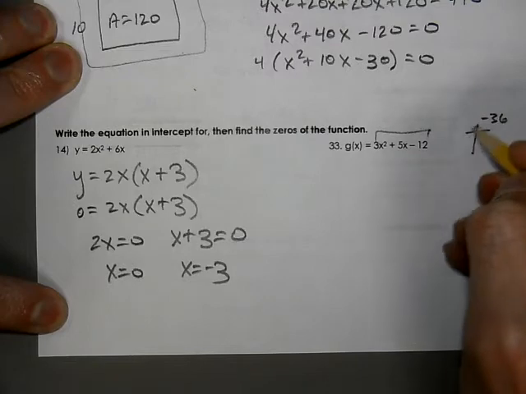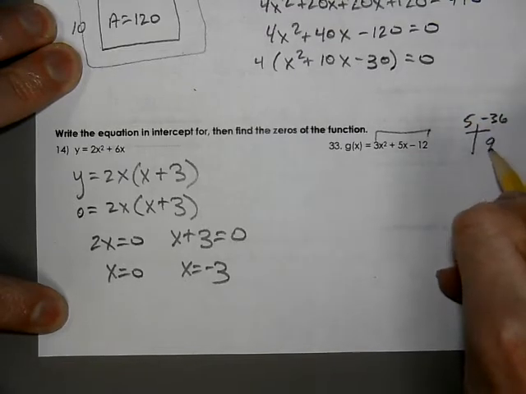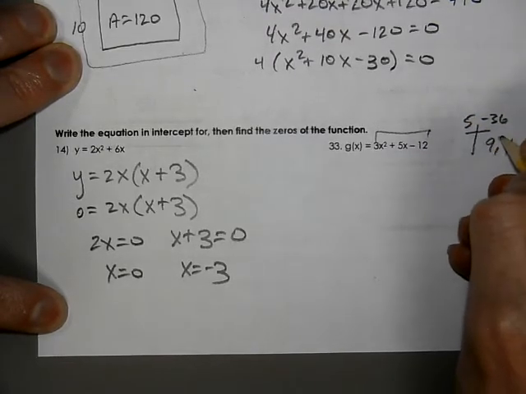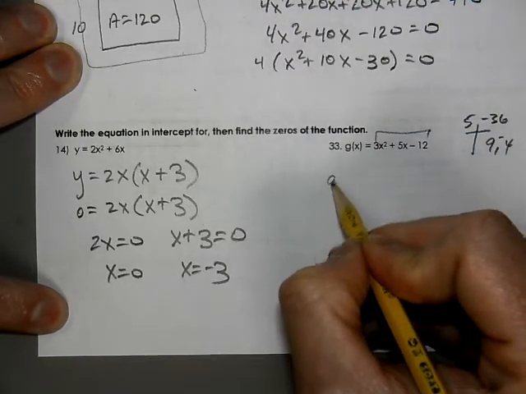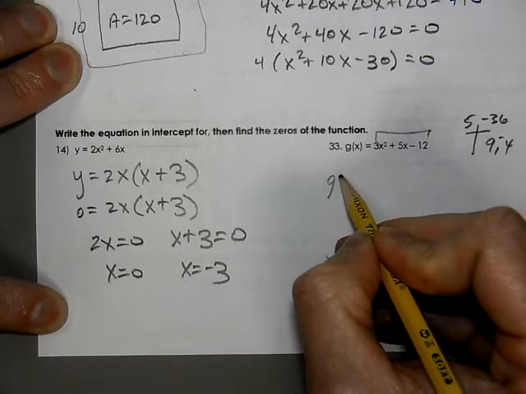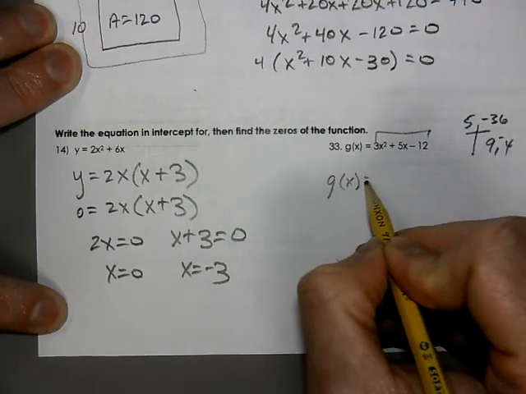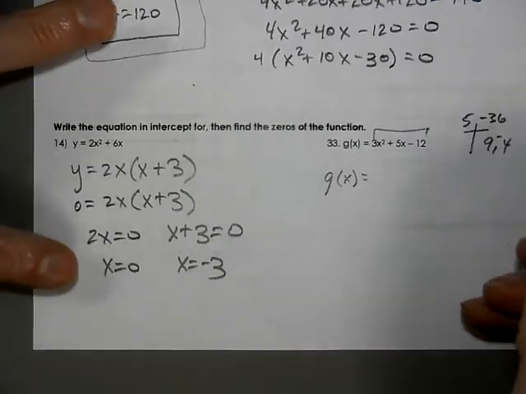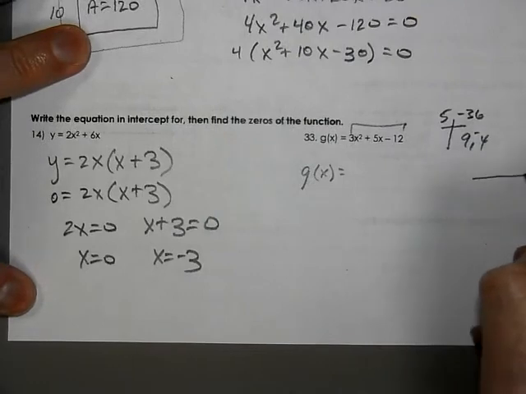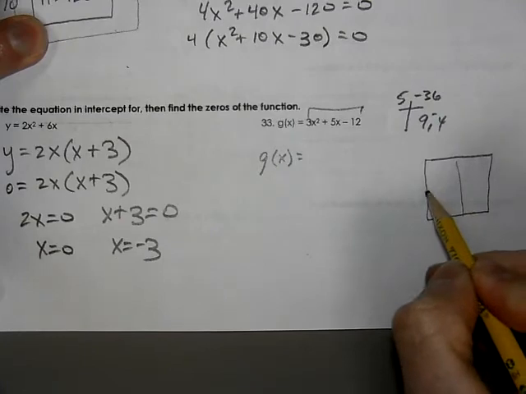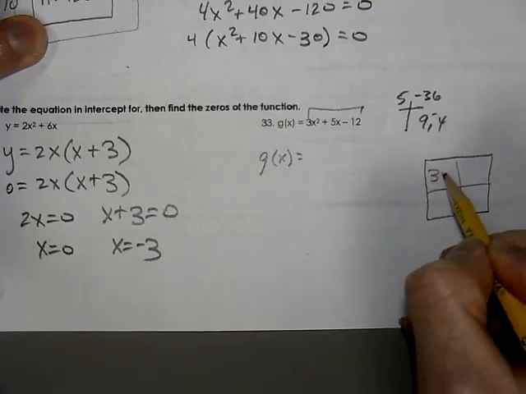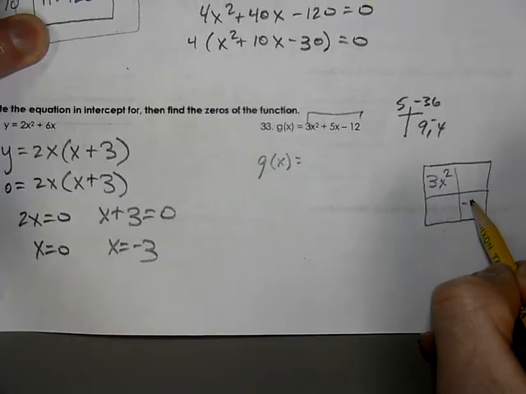We get negative 36 that adds to be 5. That's going to be 9 and 4. It's going to be a positive 9 and a negative 4. And you could move on and use the box if you wish. Just say 3x squared minus 12.